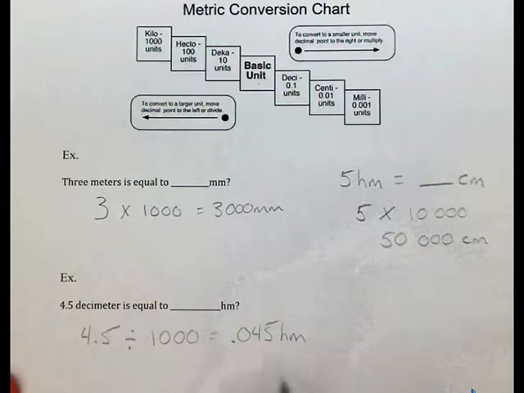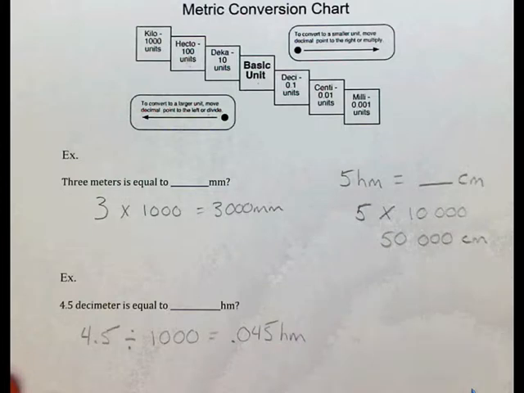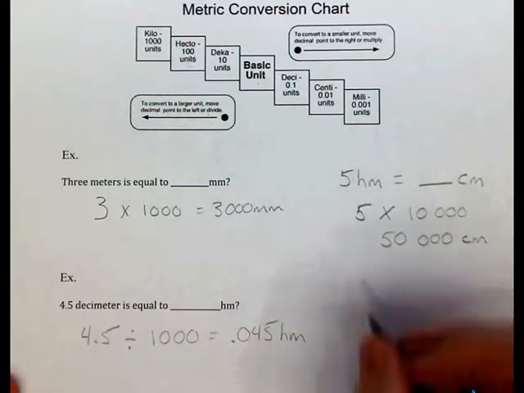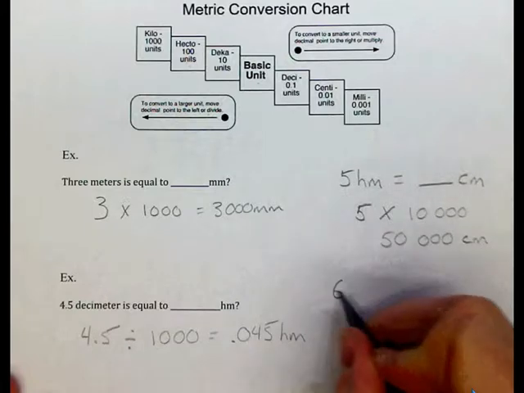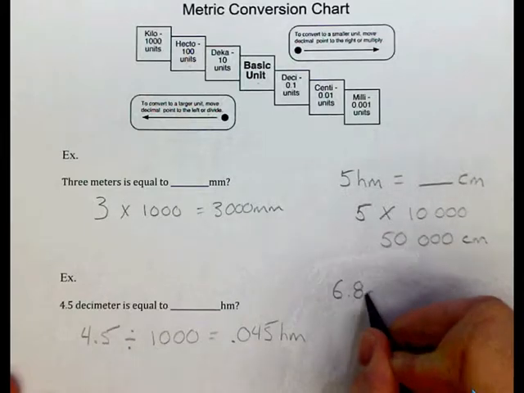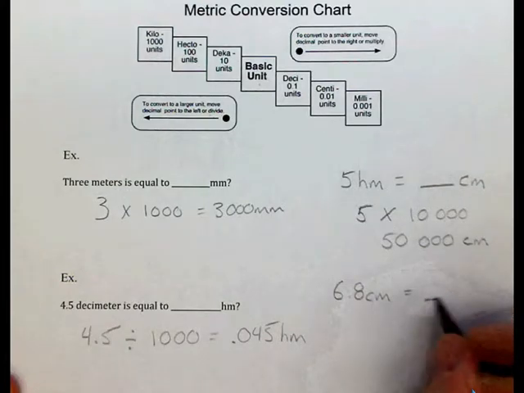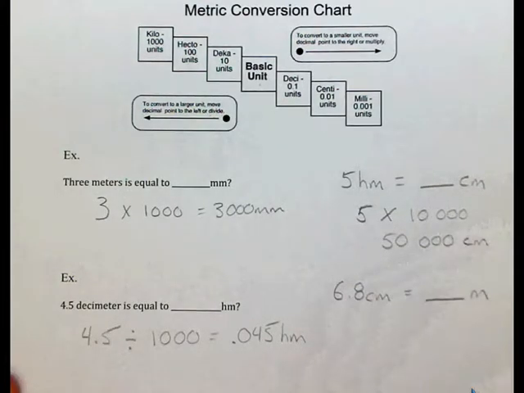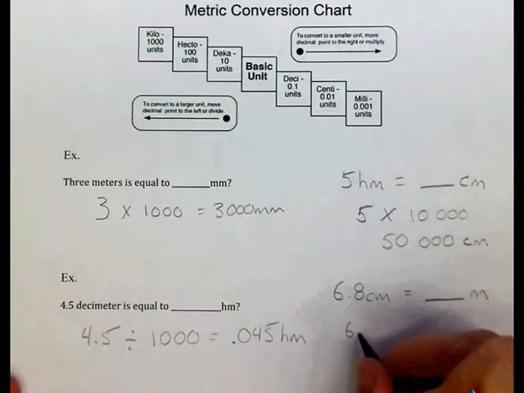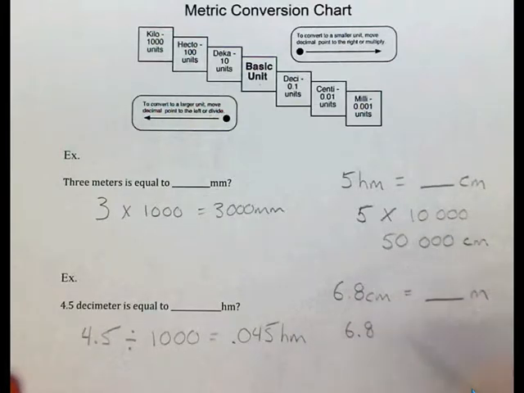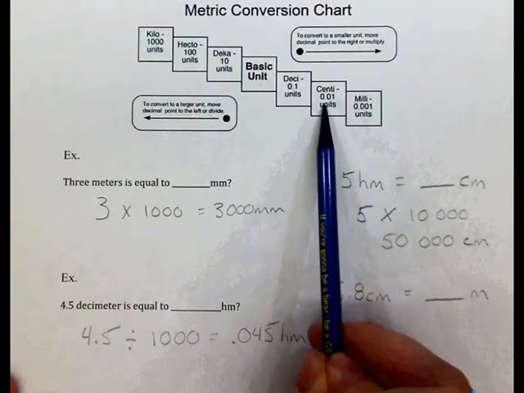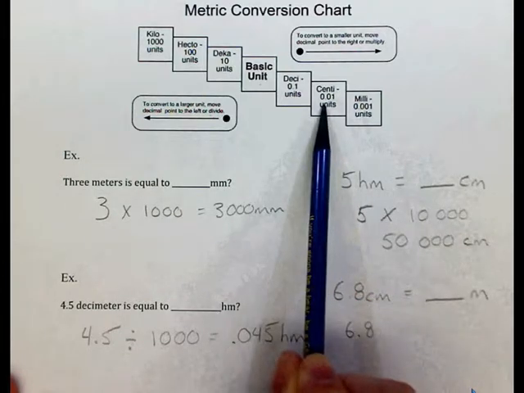You'll notice in each example we are including our units in our final answer. Let's try one more. Let's say we have 6.8 centimeters. And we want to end up in the meter. So again, we start with our 6.8 and we find centimeters on our stairs. We want to end up in the meter.